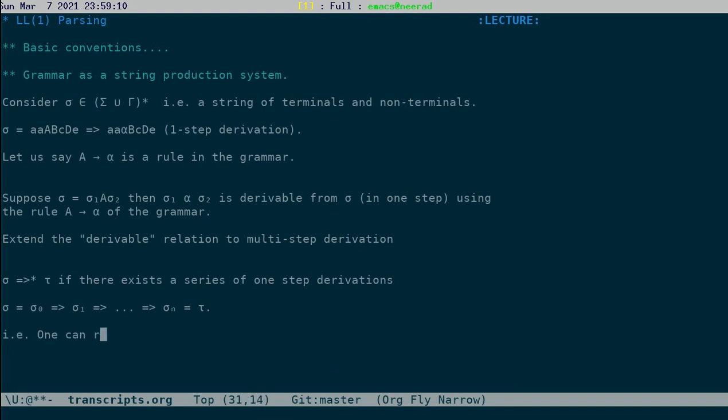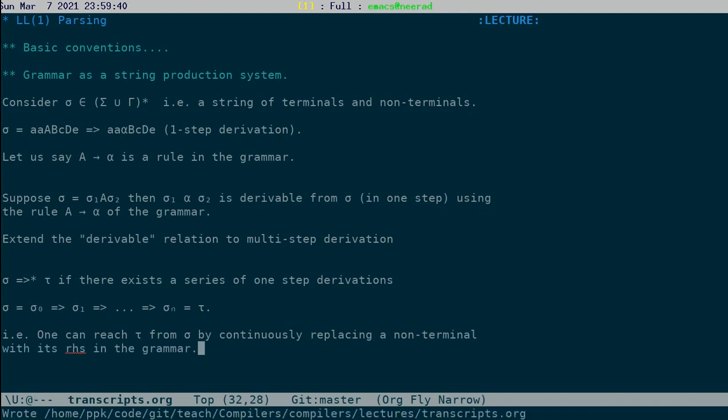One can reach tau from sigma by continuously replacing a symbol, a non-terminal, with its RHS.